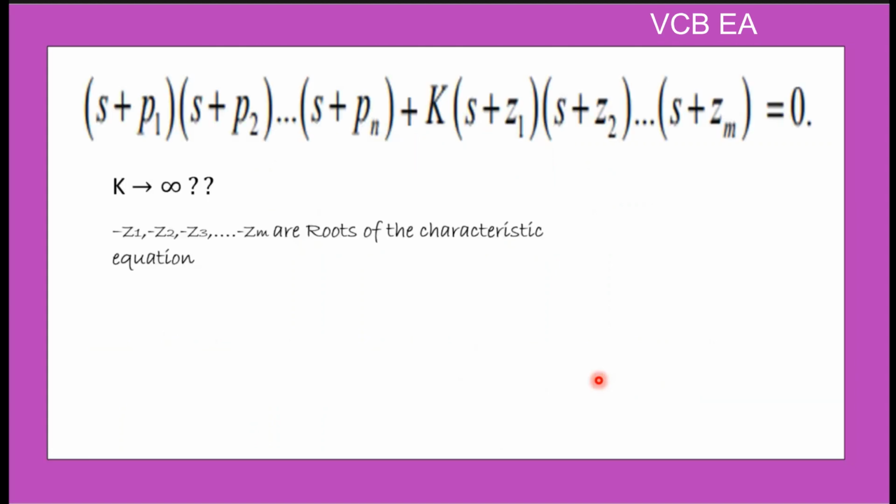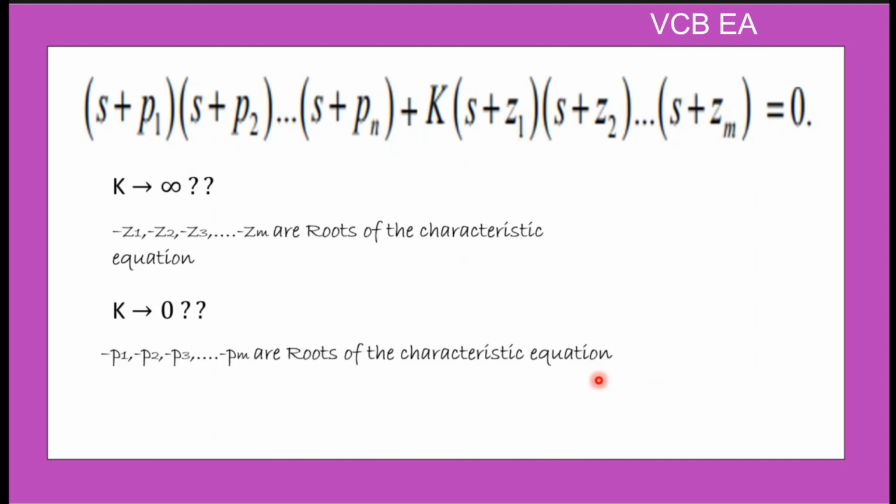As K tends to infinity, minus z1, minus z2 and so on, minus zm are roots of the characteristic equation. And when K is tending to 0, minus p1, minus p2, minus p3 and so on, minus pn are roots of the characteristic equation. As K tends to infinity and K tends to 0, we can find the roots of the characteristic equation by direct inspection.